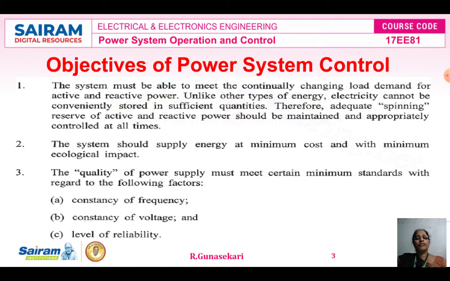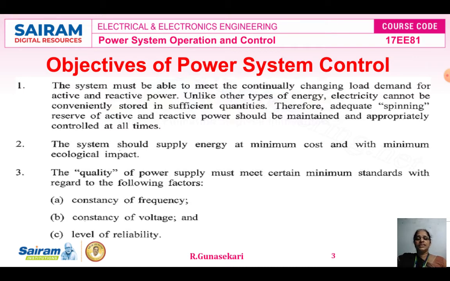How do we maintain the frequency? With the help of the automatic load frequency controller. The interconnected power system is controlled by fully automatic generation control, AGC, the short notation for automatic generation control. The automatic generation control consists of the automatic voltage regulator, AVR, and the automatic load frequency controller, ALFC.